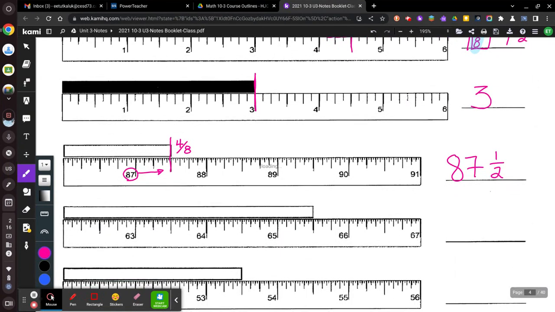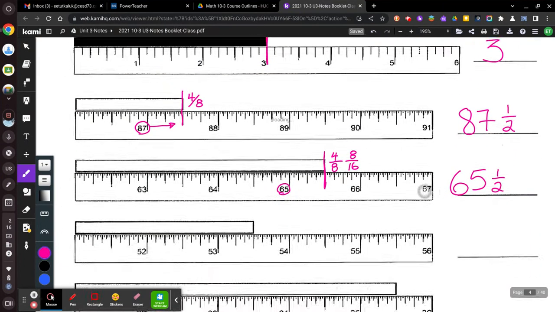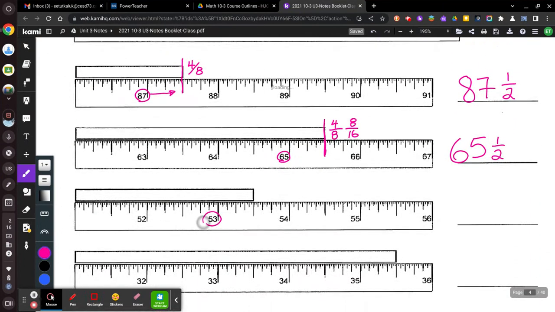The next one. The number it runs past is the 65. It's exactly at 1/2. So 65 and 1/2. We don't have to show the 4 over 8, or it would be 8 out of 16. Okay, the next question, it runs past the number 53.